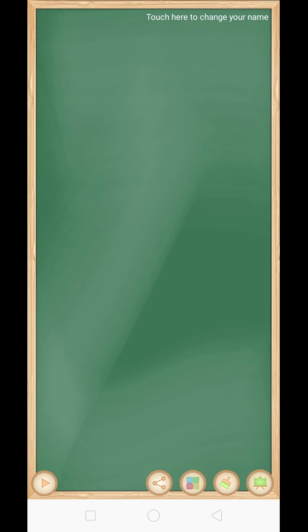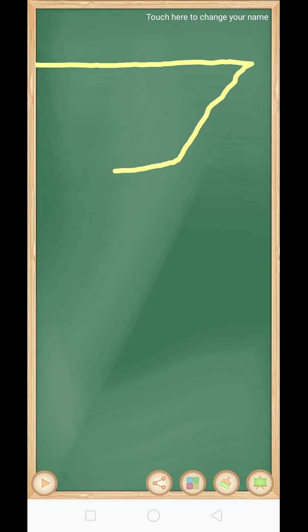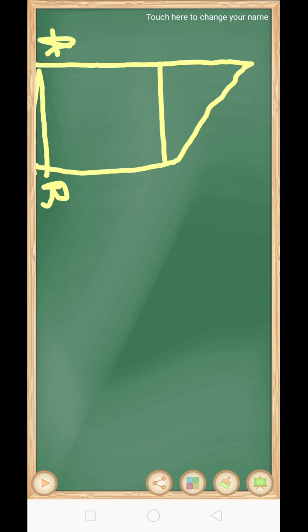Okay. Second question, we will see about trigonometry. A person is standing on C. The angle of elevation is 45 degrees.